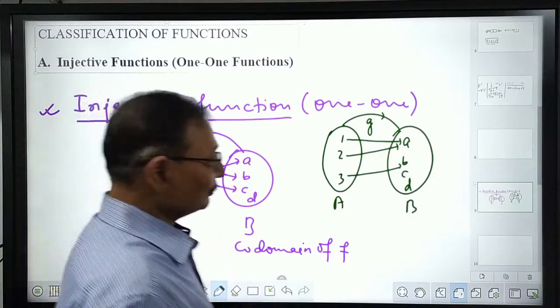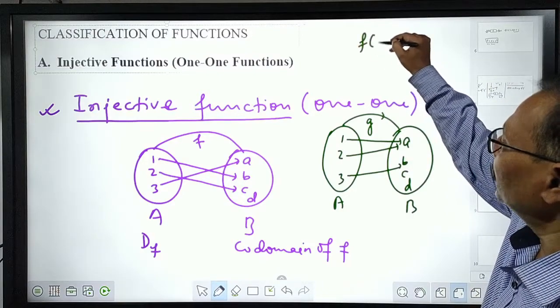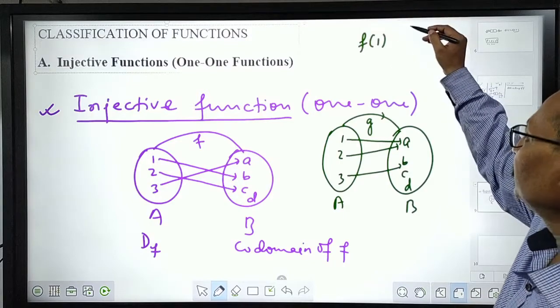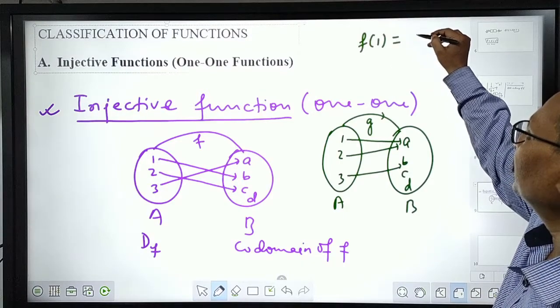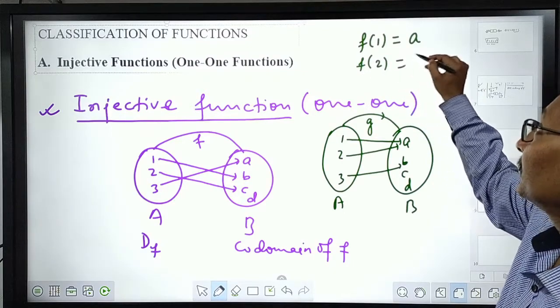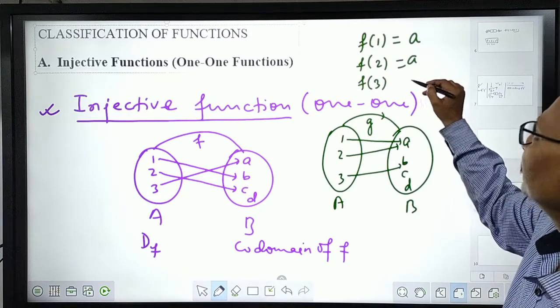And now think about it: here we find that the output of 1, which we call the image, is a. Again, the output of 2 is also a. The output of 3 is different, that is b.